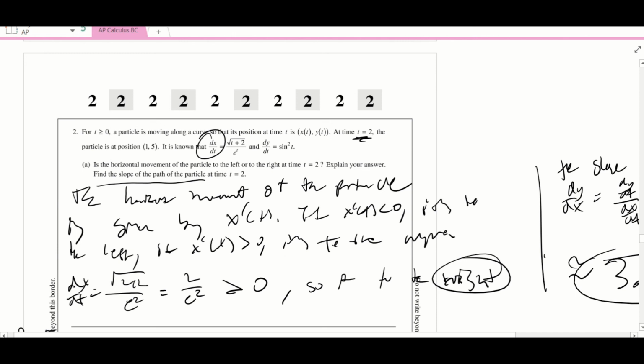They may give you, as in this case, the derivative of the position function, which caught me off guard, and I spent a lot of time having to go back and correct everything. So make sure you look out for that.